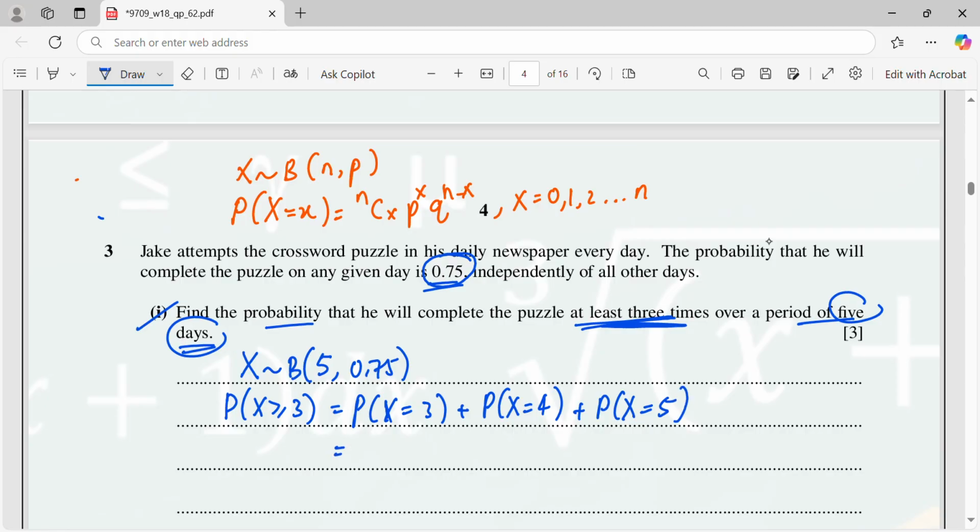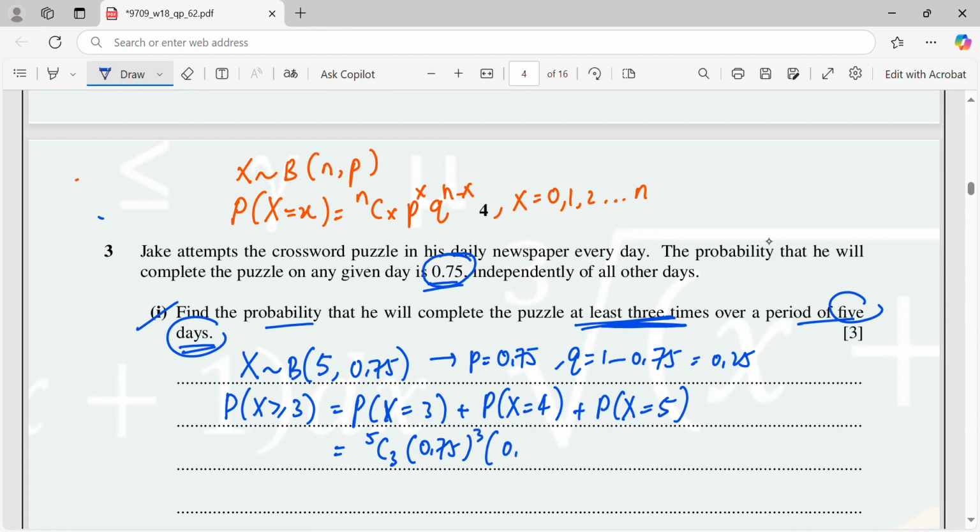So now, when X goes to 3, that is basically 5C3. The p is 0.75. So from here, you should understand that the probability of success is 0.75. Then the probability of failure is 1 minus p, which is 0.25. So our q is 0.25 here. When X goes to 3 means that there will be 3 successes.